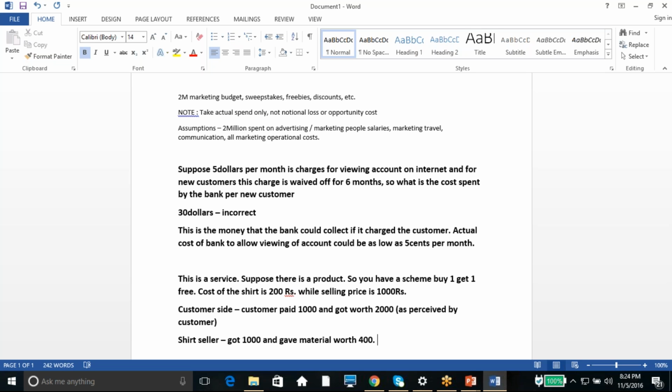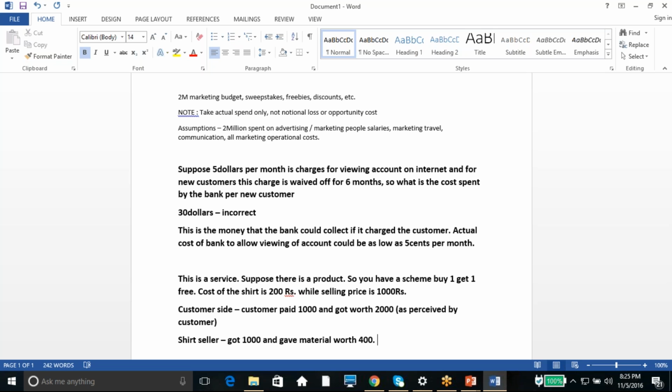Is that clear now, or is there some confusion? So when we are calculating customer acquisition cost, we are calculating the actual spend by the company to acquire the customer. In this case, the bank, what it is spending. One is the advertising and marketing department, specifically their salaries, travel and all those things.